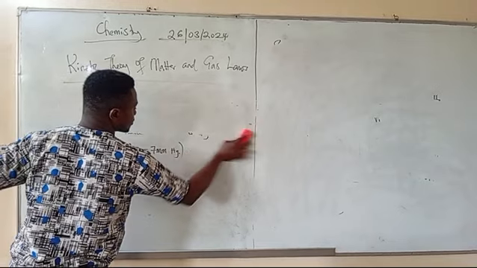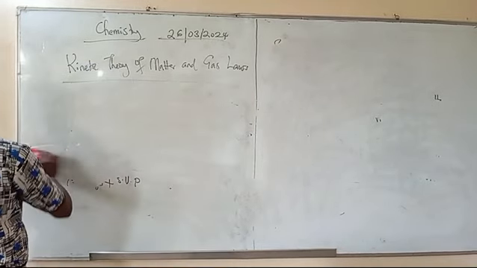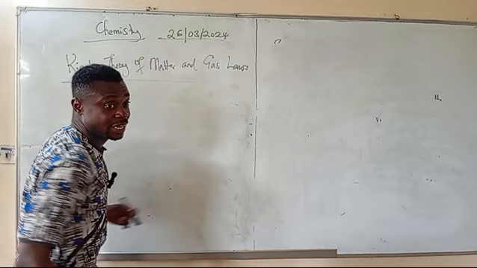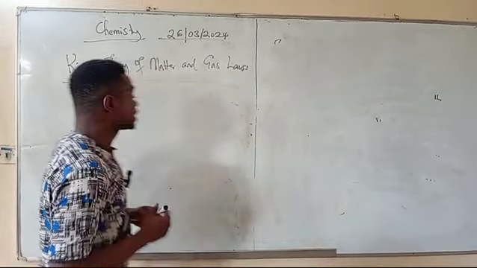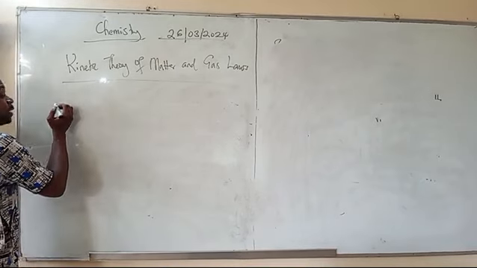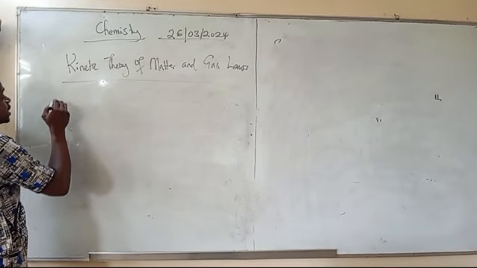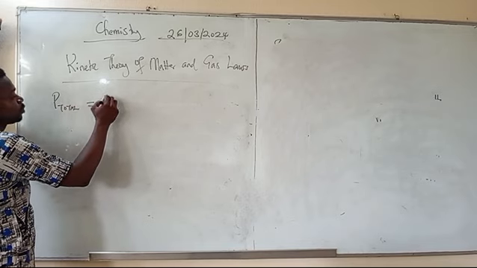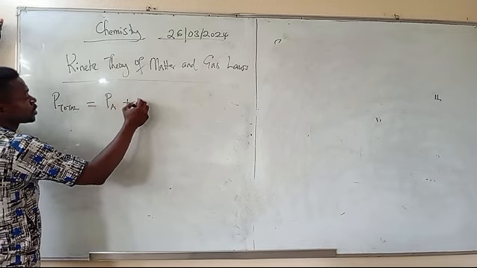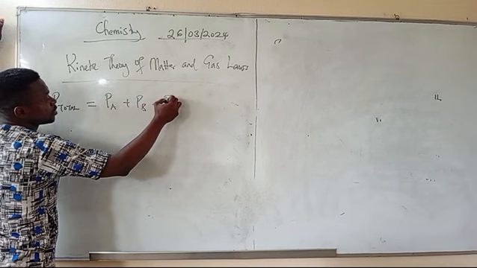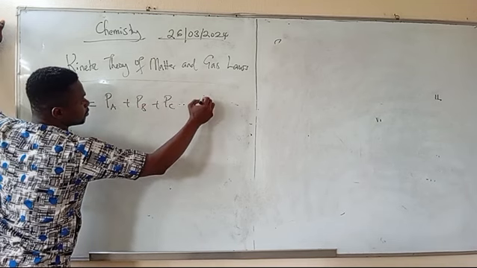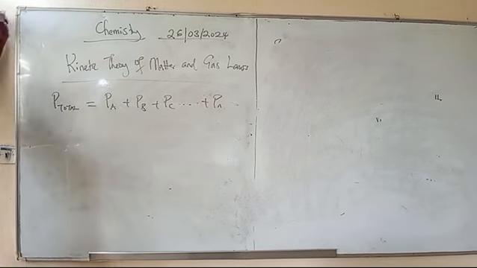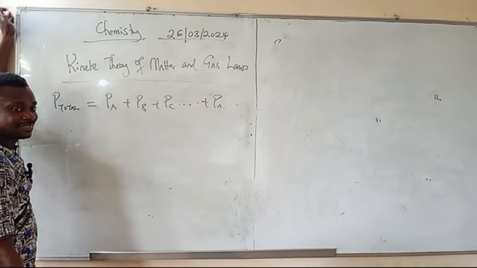Now, let's assume this is the container that contains the gases. We have gas A, gas B, gas C, as the case may be. Together, each of the gases has its own pressure it exerts in this container. Now, provided that they don't chemically react, the total pressure is the sum of the partial pressures of these gases.